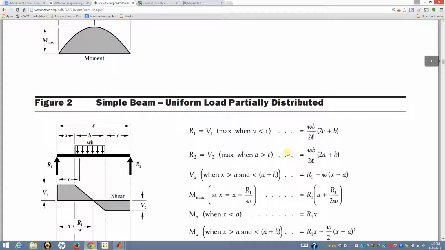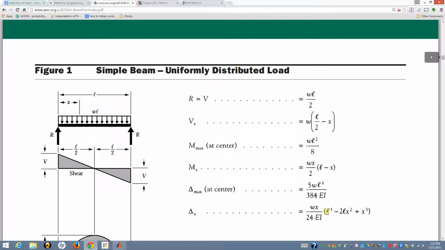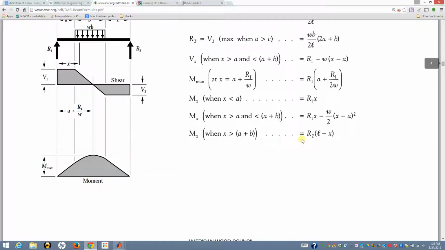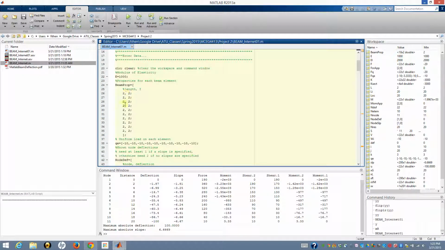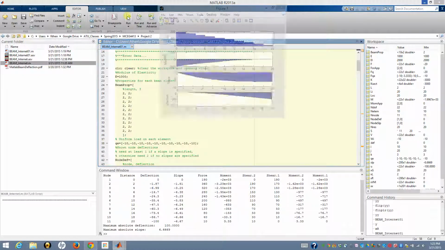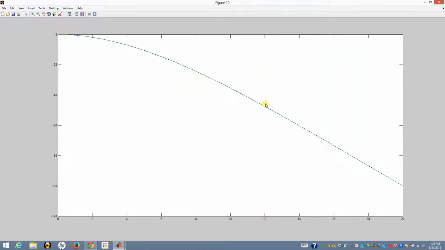So anytime you have a uniform load, you get a fourth order solution. Here's the fourth order for simply supported. Finite elements is only capable of doing third order. In order to get the fourth order, or an approximate fourth order, you have to put more and more elements in there.